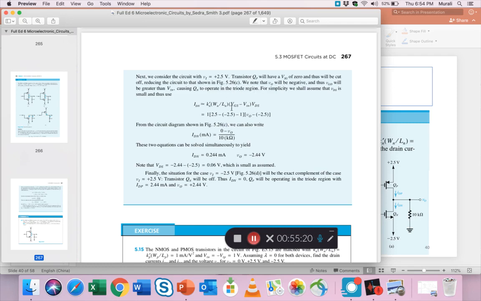Knowing that fact, we use the triode region formula, and he solves for IDN in this case, and IDP in the next case.